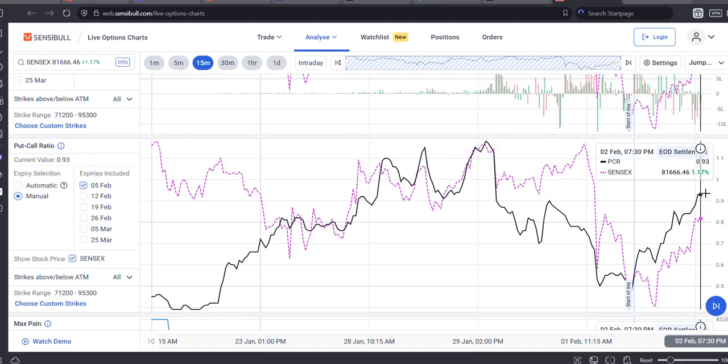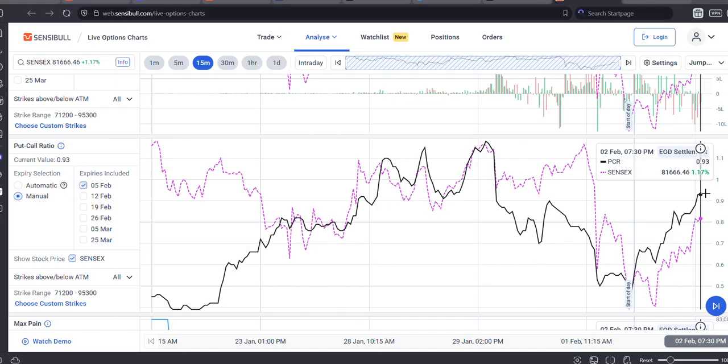And second, every time we say one thing: we don't exactly know at what level it will reverse. Today also, it is 0.93. So we will not know exactly when it will reverse. That is why I say at 1 and above, look for the reversal in the price, then you capture the trend.